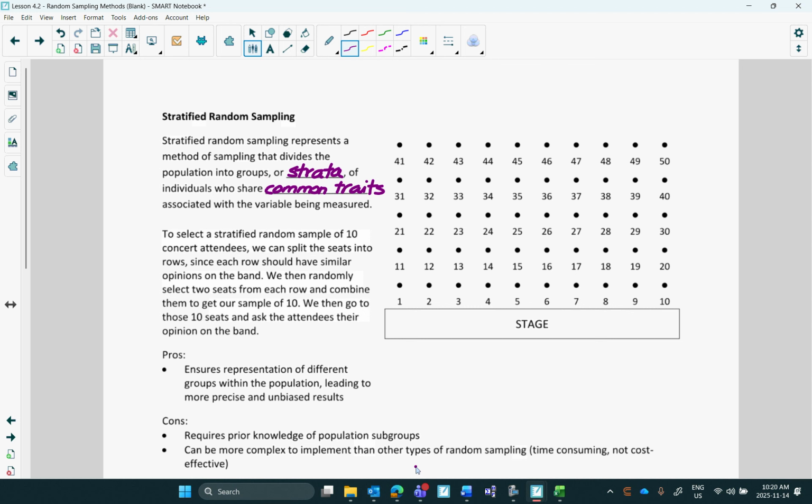How would you divide this into strata? Remember, we want, how many do we want? 10? How would you divide these into groups and then take a random sample or 2 from each group? Think about the problem. It's asking the opinion of the band. Okay?